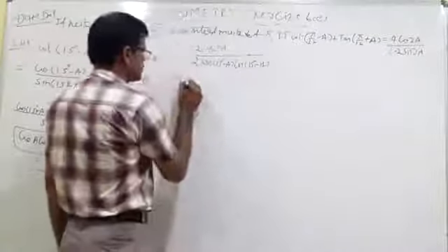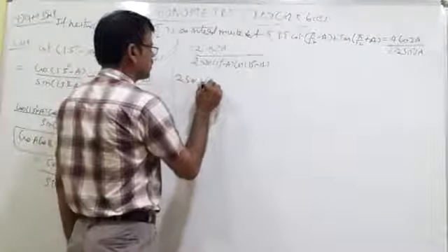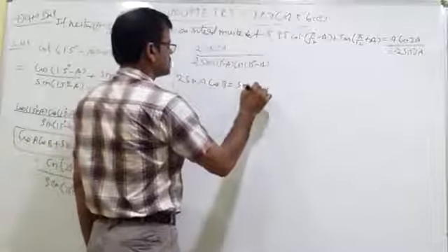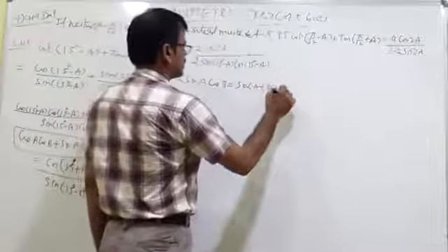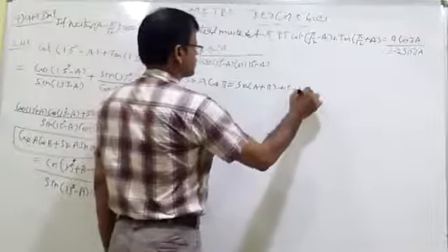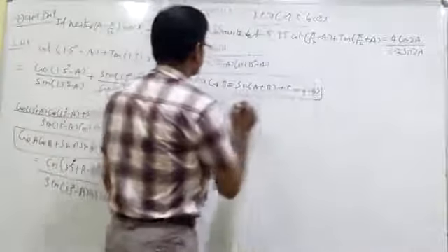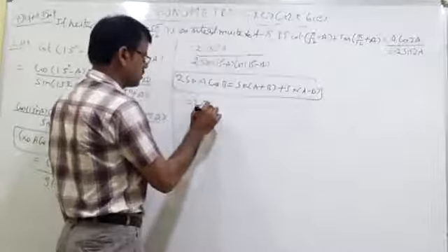Let us remember the formula: 2 sin a cos b is sin of (a plus b) plus sin of (a minus b).